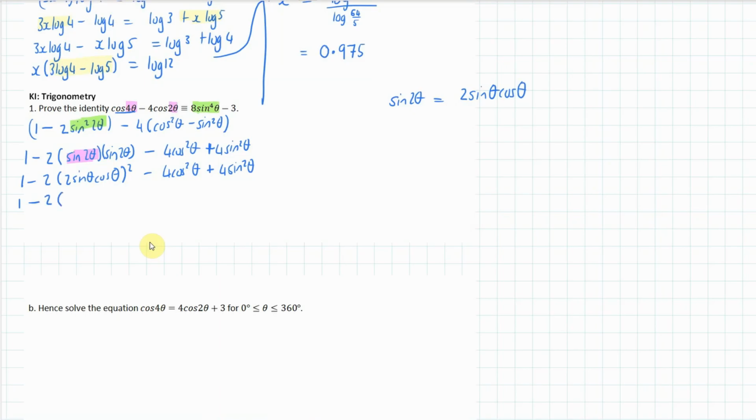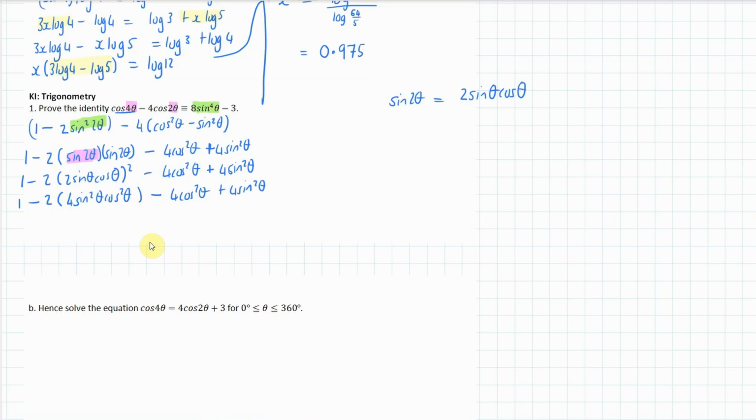And what do we get here? So I guess we get 4 sine squared theta cosine squared theta when we apply the power there, sorry. So this will be 4 cosine squared theta here, plus 4 sine squared theta. Yes, okay.